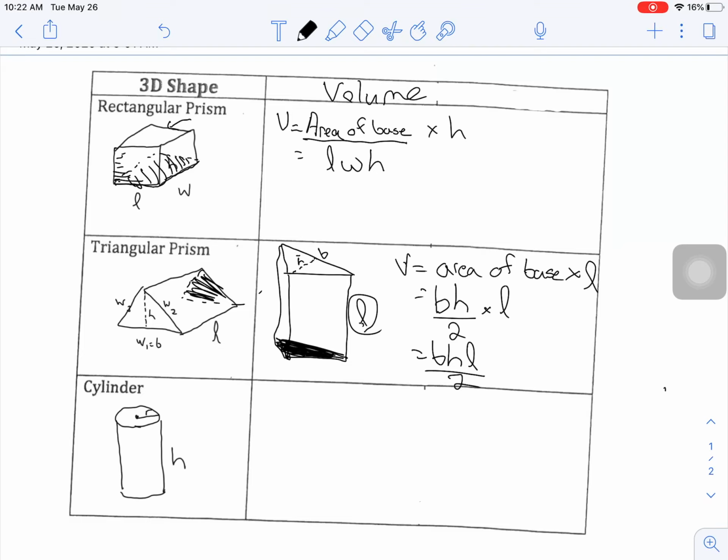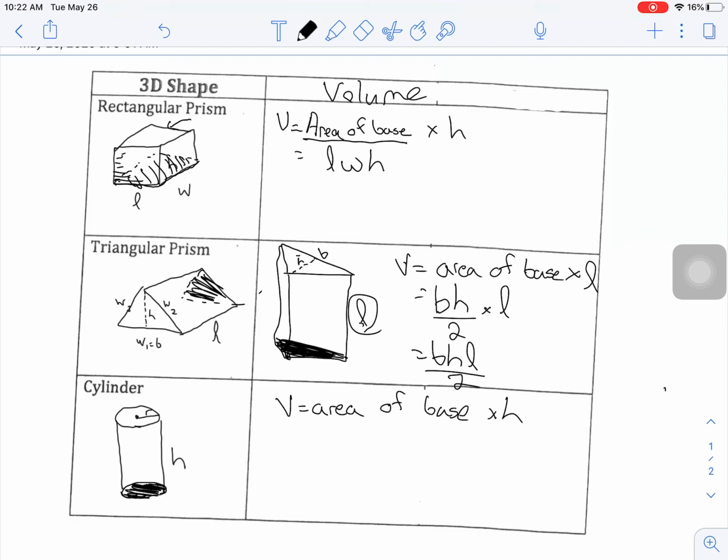And lastly, for our cylinder, again, its volume equals area of base times the height. Now, what is the area of this base? Well, we look at it, and we have a circle as our base.